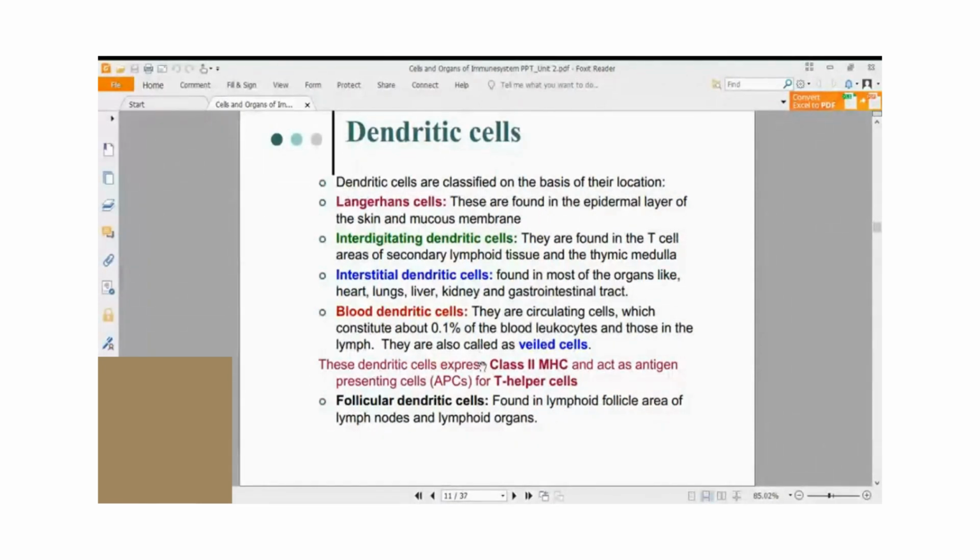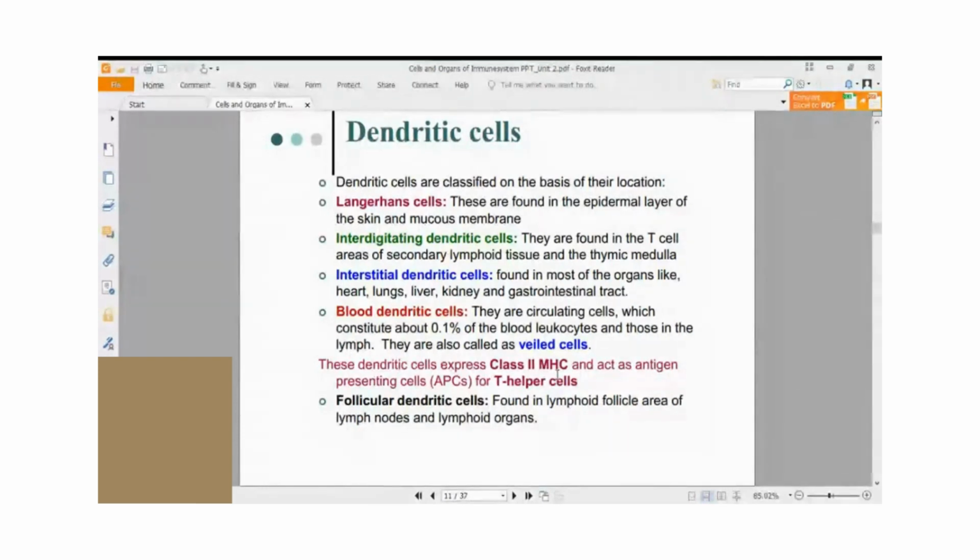I had mentioned that the dendritic cells also express class 2 MHC, and class 2 MHC is majorly responsible for presentation of the exogenous antigen, and this class 2 MHC helps in presenting the antigens to the T helper cells.